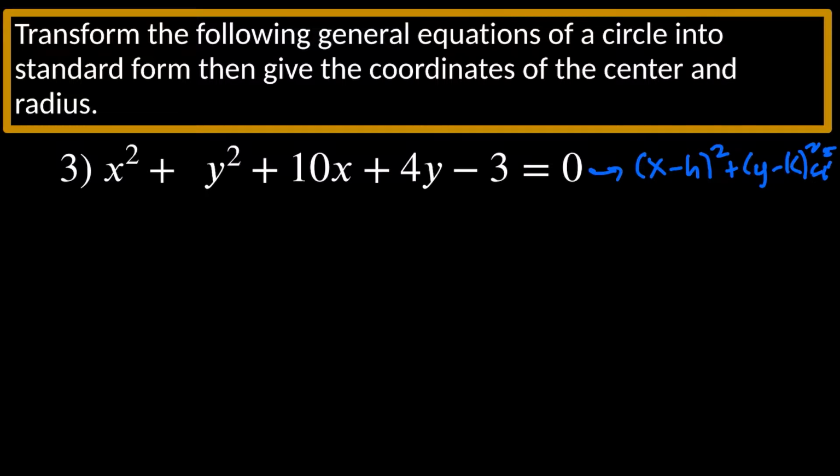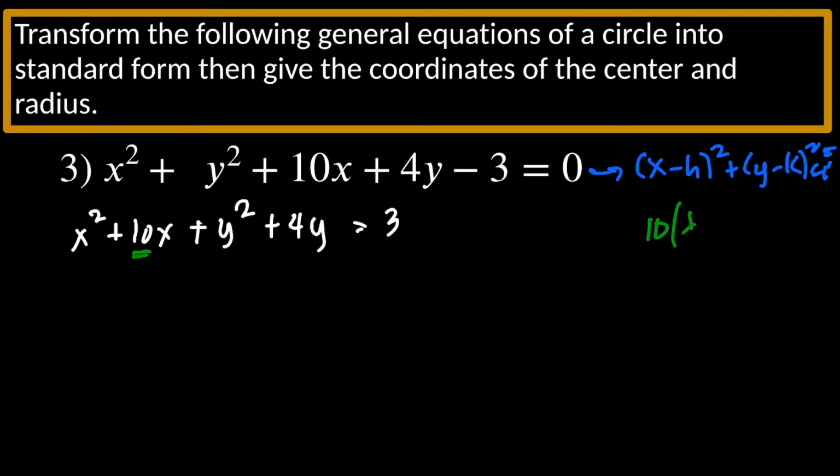So we can have this as x² + 10x + y² + 4y = 3. Let's consider this numerical coefficient. 10 times 1/2 will give us 5, and if you square 5, that will give us 25.